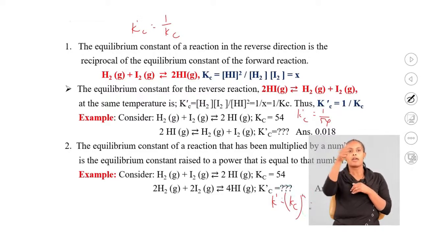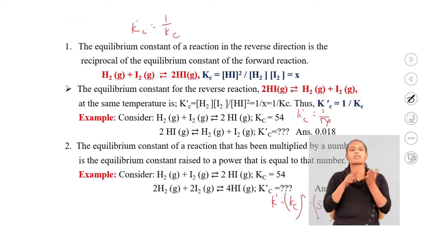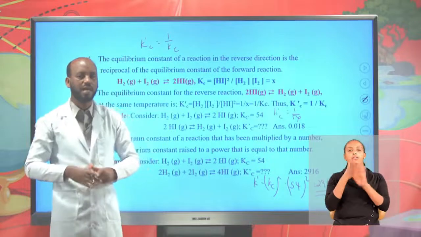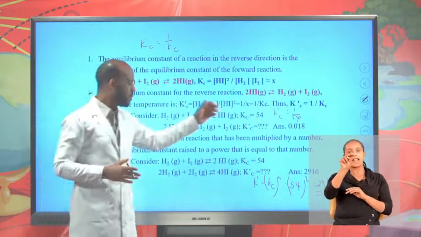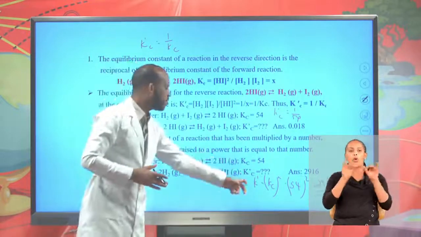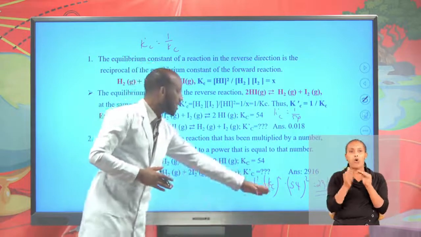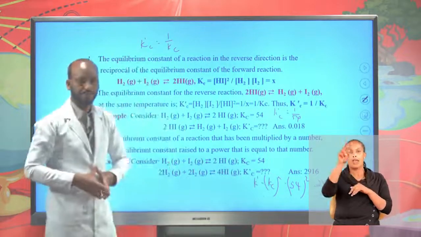The original Kc is 54, so 54 raised to 2, since the reaction is multiplied by 2, equals 2916. Therefore, if a given equilibrium reaction is multiplied by n, the new equilibrium constant, which is K'c, equals original Kc to the power n.